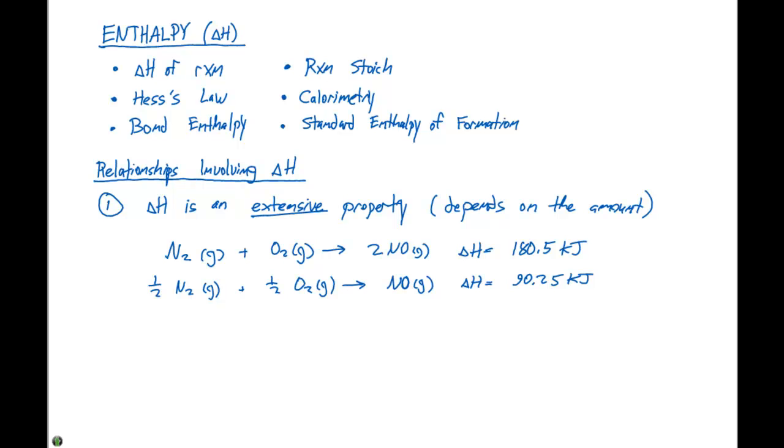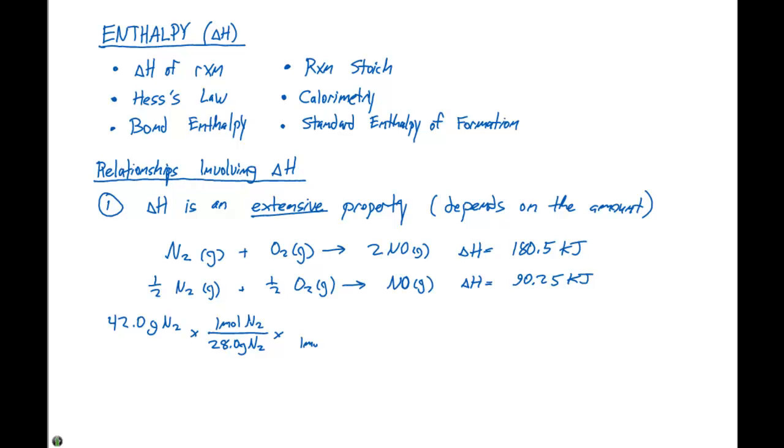So for example, if we reacted 42.0 grams of N2 with excess O2, we can use our conversion factors to determine how much we have here, because we know that 1 mole of N2 gas is going to correspond to 180.5 kilojoules of energy. So first we need to convert this over to moles. So we use the periodic table to say that 1 mole of N2 is equal to 28.0 grams.